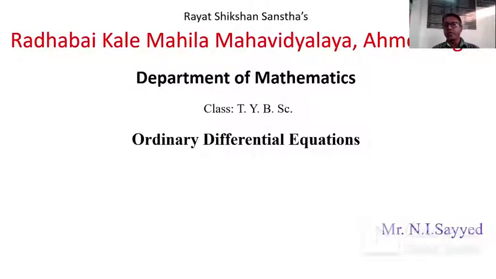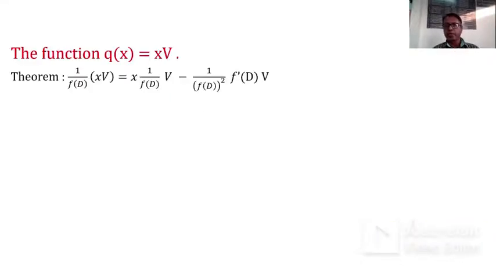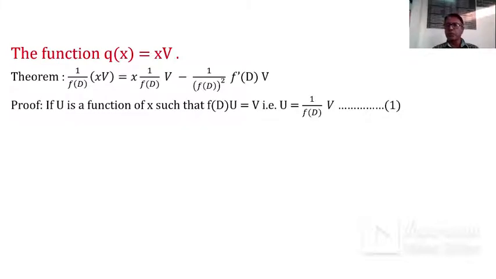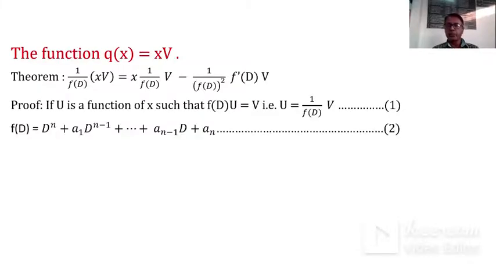We have seen theorem 1: 1 upon f of D operate on x into v, where v is a function of x, is equal to x times 1 upon f of D operate on v minus f dash D upon f of D whole square operate on v. We have seen this theorem and its proof.